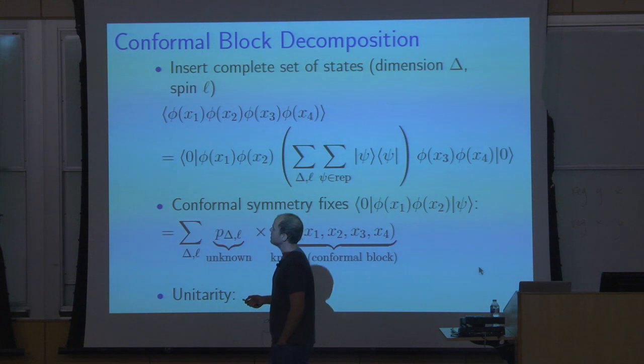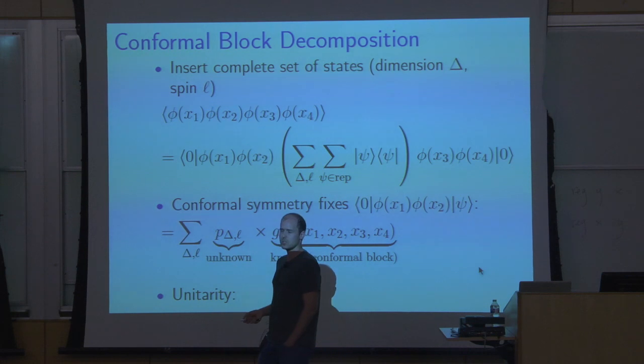So we insert this complete set of states, and the nice thing about classifying them according to symmetries is that symmetry then fixes the overlap between the operators we're measuring and the state. So this is now fixed up to a constant. When we insert that into this sum and do the sum, we get something with the same structure as before. We have something that's known.